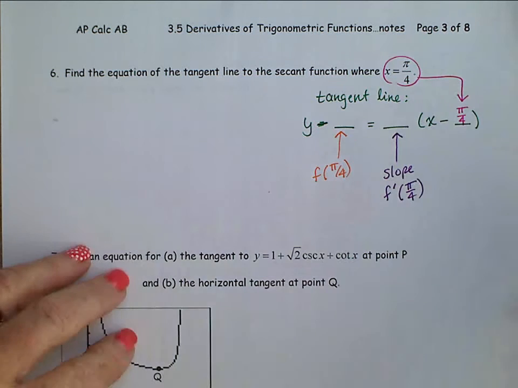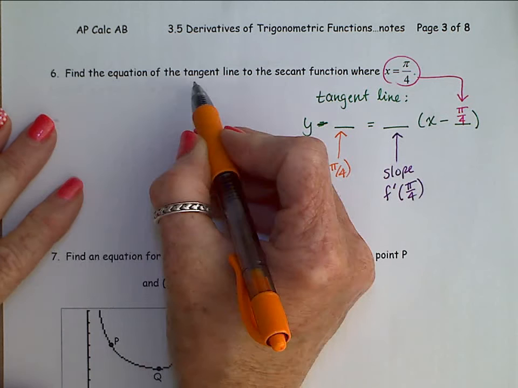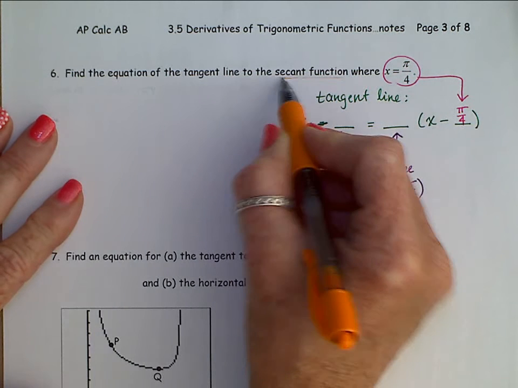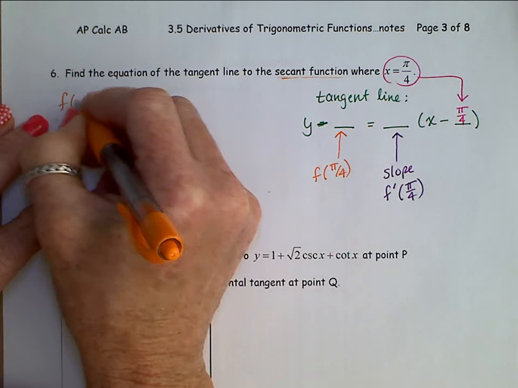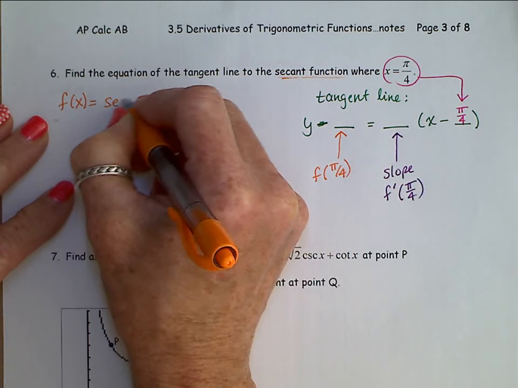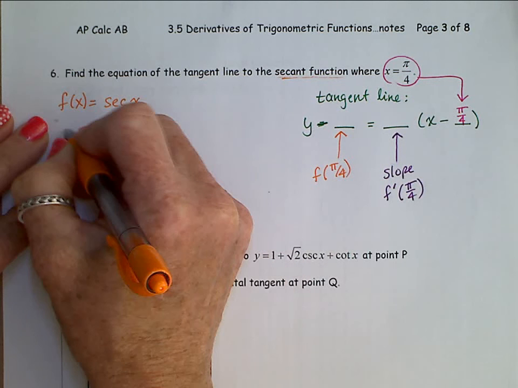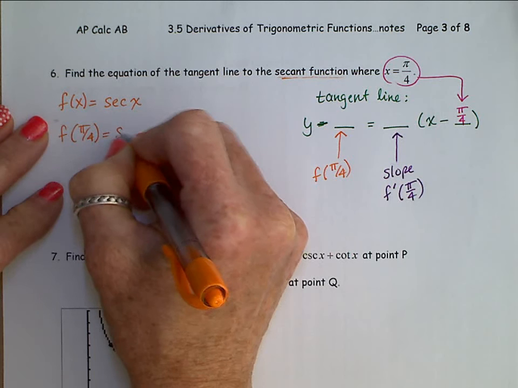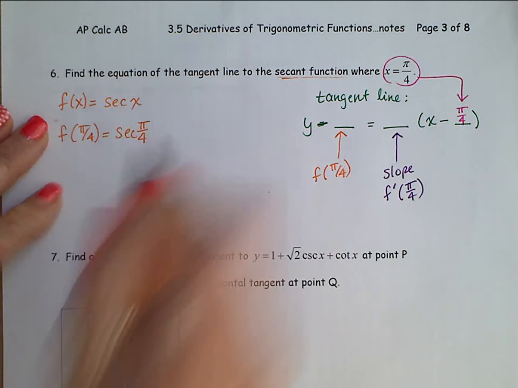When we look back at what is our function, find the equation of a tangent line to the secant function. There's your function. So f of x is equal to secant x. And when we evaluate that at pi over 4, that's the secant of pi over 4.